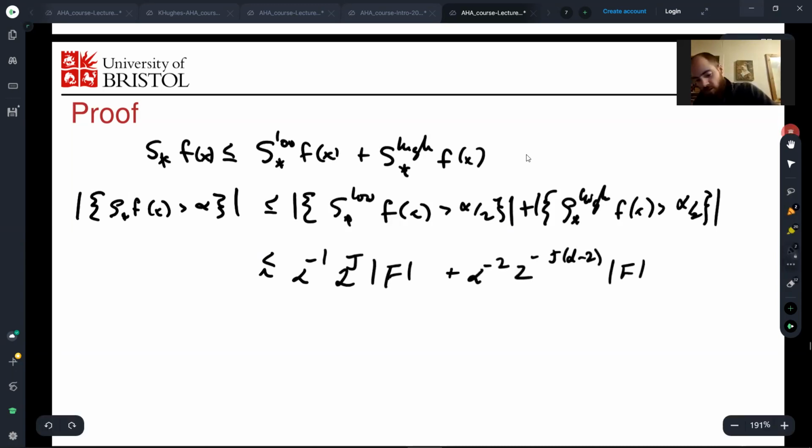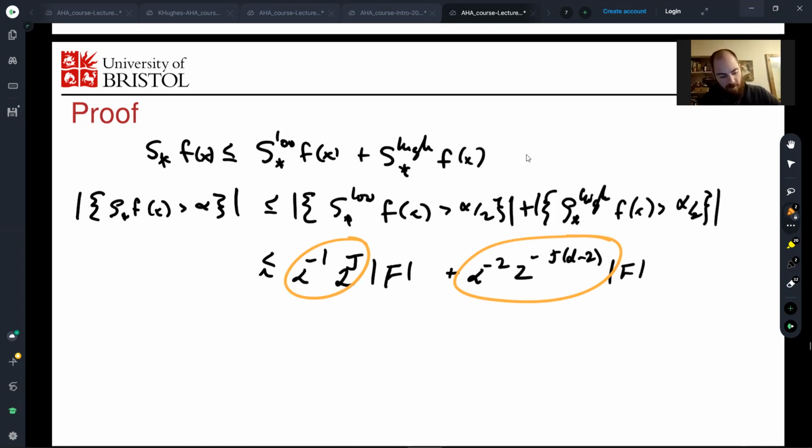And so we choose these two to be equal. We choose a j so these two are basically equal, right? I want to say alpha inverse 2 to the j is, up to some constants, alpha to the minus 2, 2 to the minus j times d minus 2.